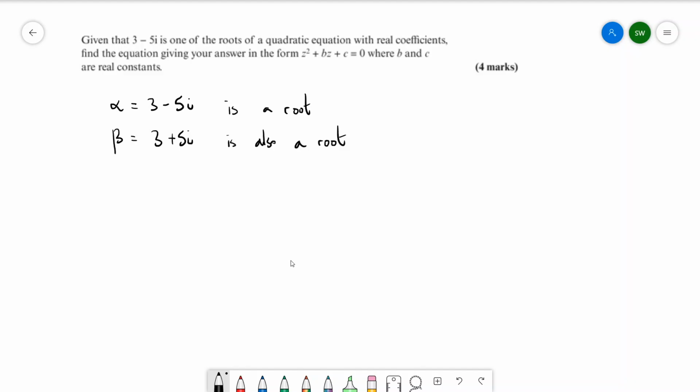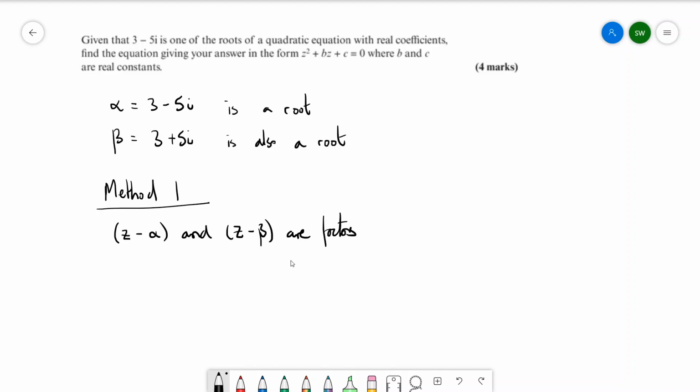So we've got two methods to find out what the quadratic is. Method 1 would be to determine what the factors of the quadratic are. We know that z minus alpha and z minus beta are factors.